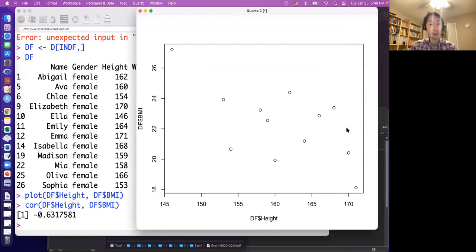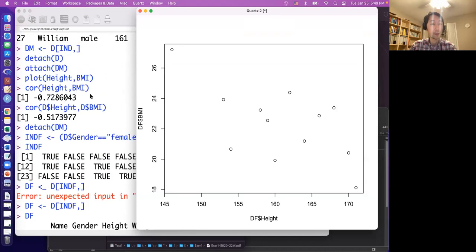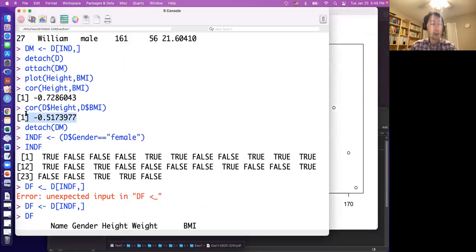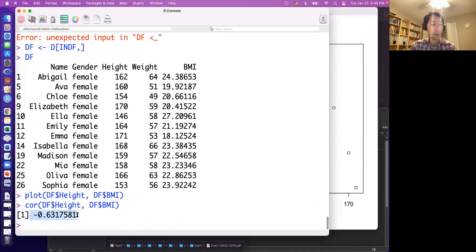So you can see that for the entire data set, the correlation coefficient is -0.51. For each gender, the male is -0.72 and the female is -0.63. So both correlations are actually closer to -1 compared to the entire correlation. So that can happen.